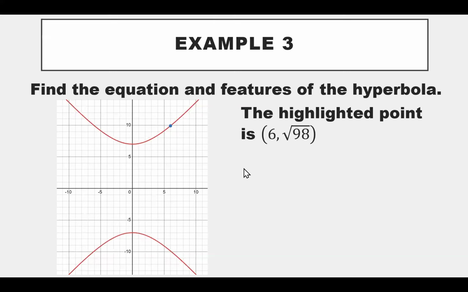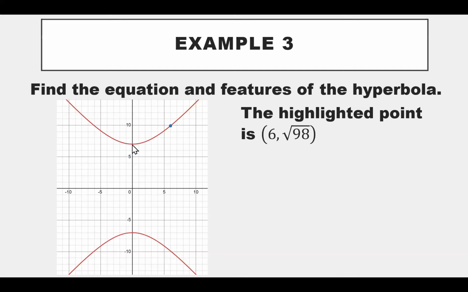Here's another example to try. Let's find the equation and the features of the hyperbola graphed below. And here we're going to say that the highlighted point is the point 6, comma, root 98. Now I want to start out by just making some observations.